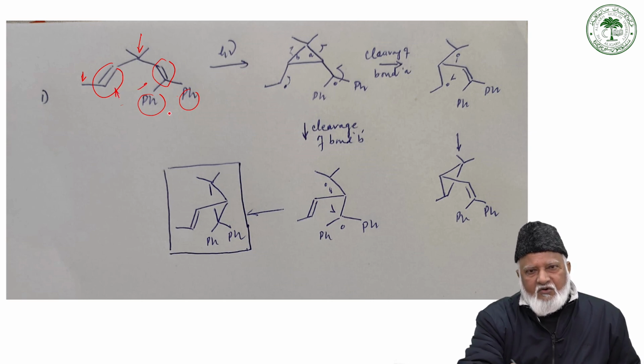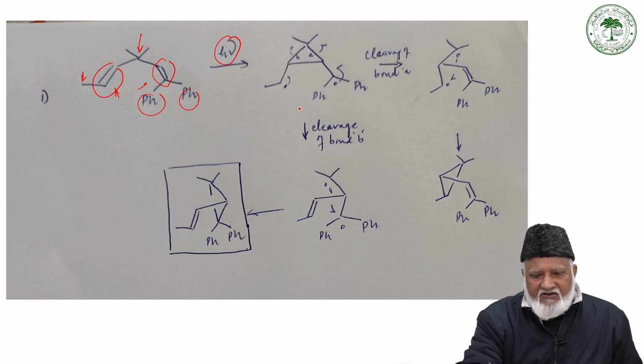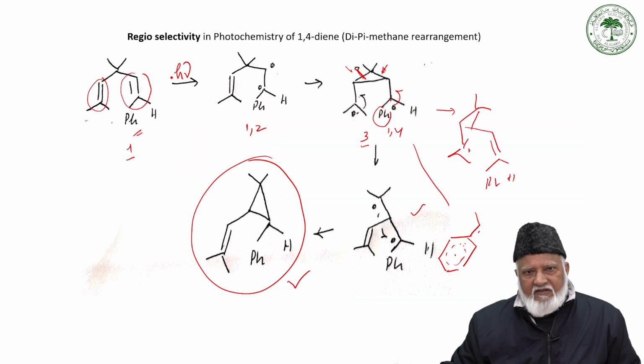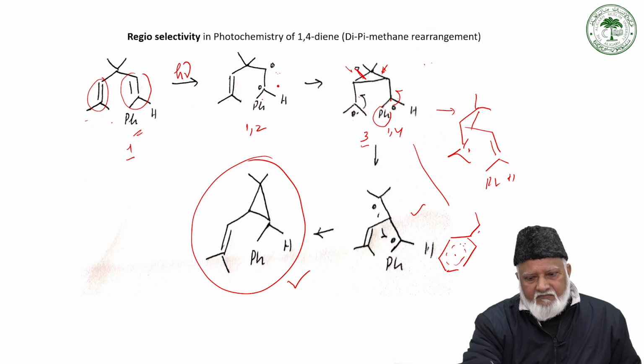methylene group. Under photolytic conditions, one of the double bonds may undergo excitation, followed by formation of the cyclopropane ring. As we have seen, we go stepwise: excitation of one of the double bonds to generate a 1,2 diradical, and then formation of a cyclopropane ring. Here this double bond may also get excited, so we directly go to the cyclopropane ring.